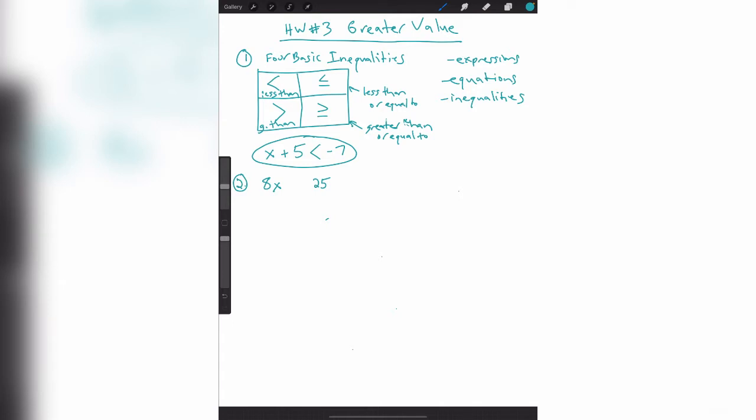So once again, the product of a number and 8 is at least 25. So the lowest possible number it could be is 25. And everything other than that, the mouth would open up to more than. So anything at least.